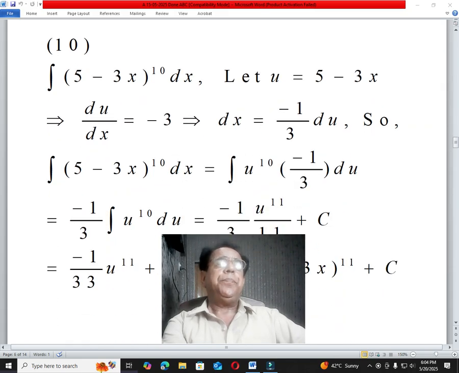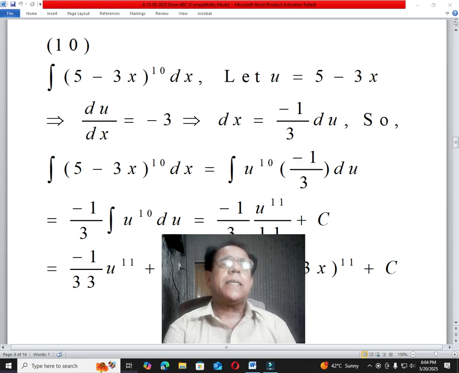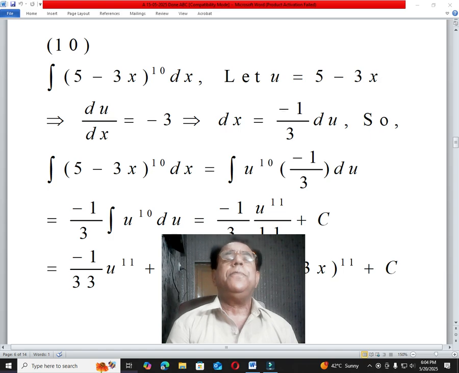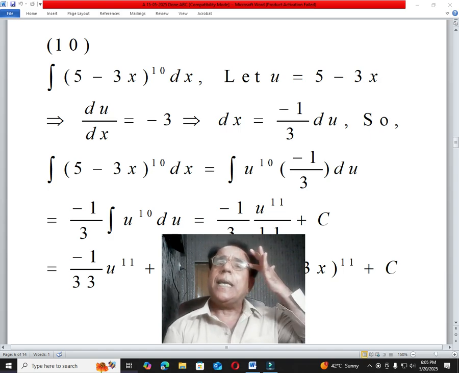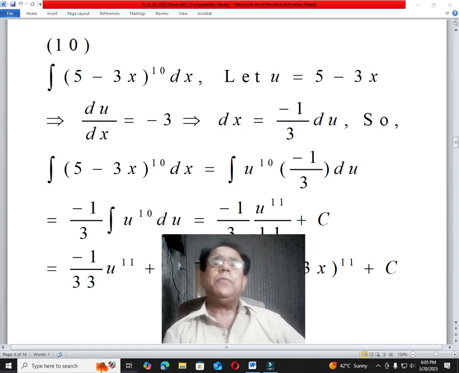Problem number 10, integral of (5 minus 3x) raised to power 10 dx. Let u equal to 5 minus 3x. As it is not limited by the statement, we ourselves keep this as u. So then u is equal to this. Then this implies that du by dx will be equal to minus 3.